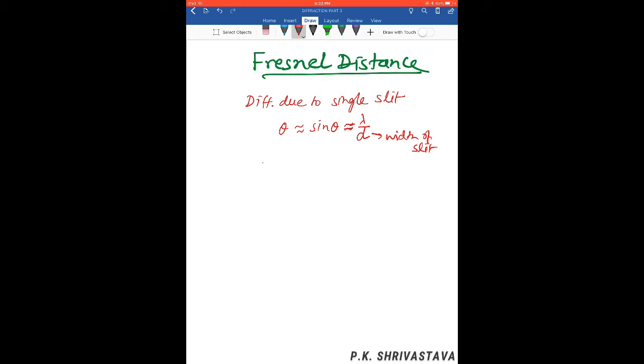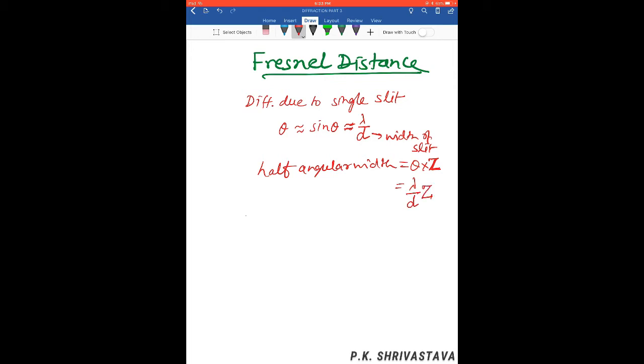After traveling through distance z, the half angular width becomes theta into z. This z is distance traveled by beam of light. So we have lambda by d into z.